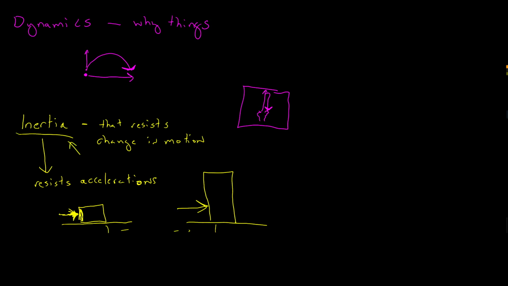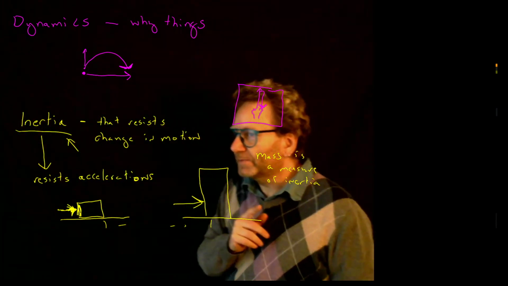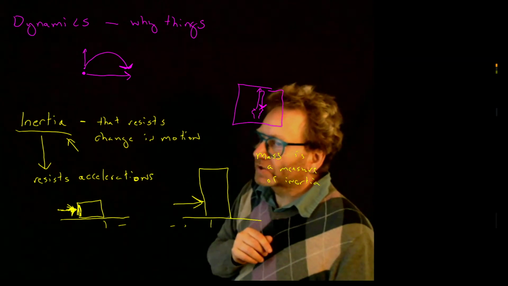And what Newton did, and what we are going to use, is the concept that mass is a measure of inertia. So an object's mass is a way of telling how much stuff is there. An object's mass is a measure of its inertia.